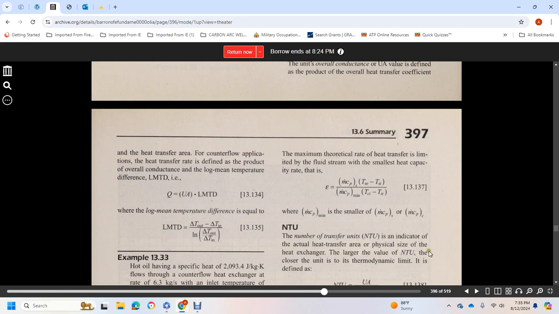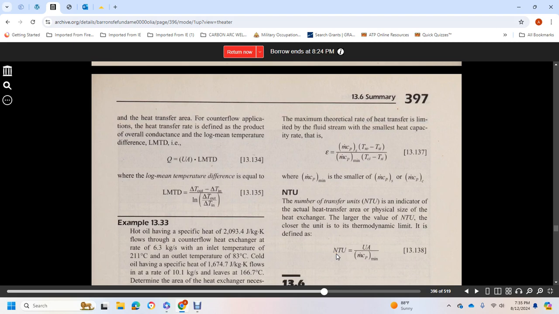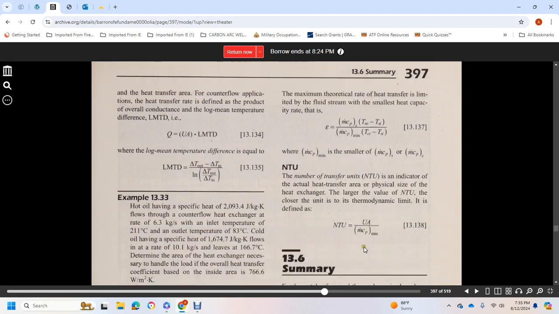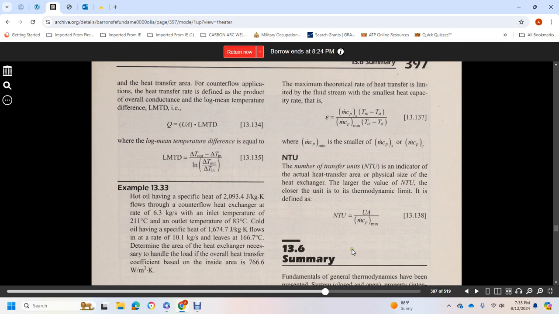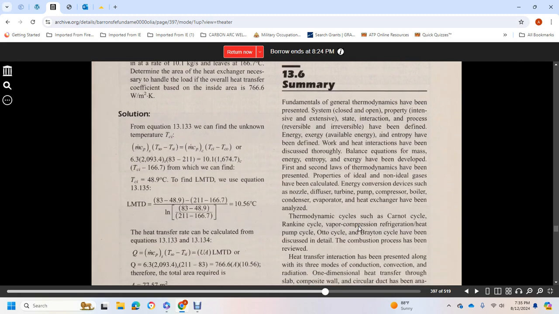The larger the number of transfer units, the closer the unit is to the thermodynamic limit. It is defined as the overall conductance UA over the smaller heat capacity rate. 13.6 Summary.